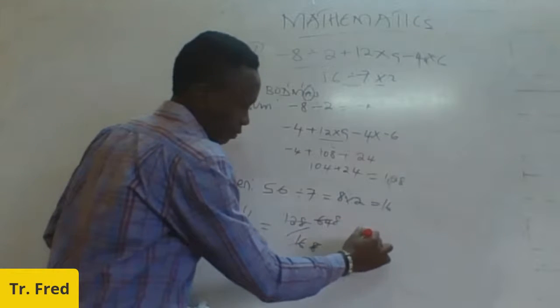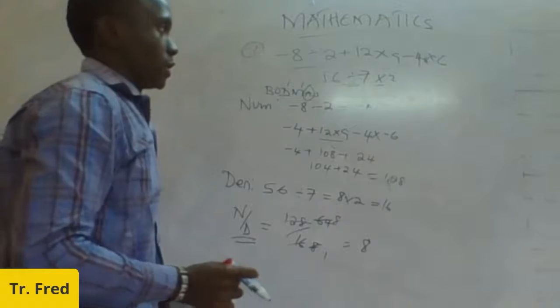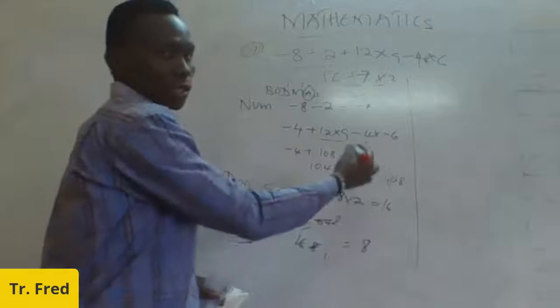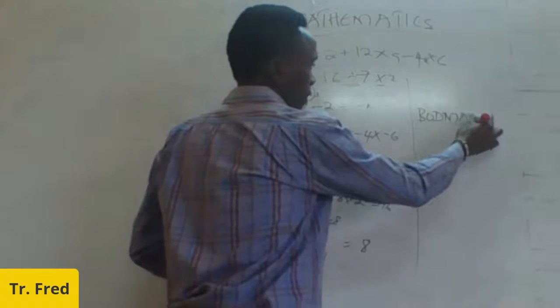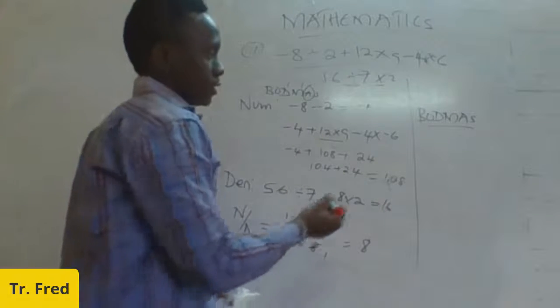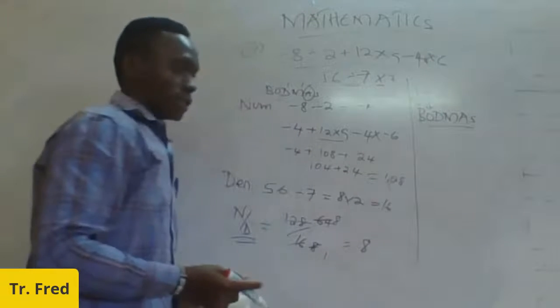So the final answer will be 8, since we have divided the numerator by the denominator. Now the most important thing is to follow the rules of BODMAS, whereby when you are given a question, the rules must follow each other. Failure to do so, you may not get the correct answer.